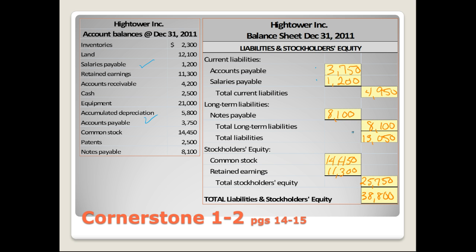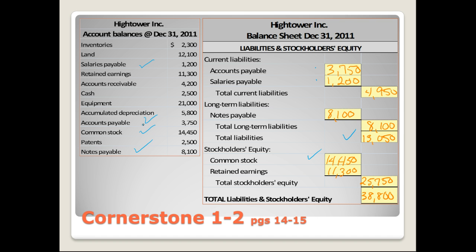The notes payable, I go over here and I find that notes payable were $8,100. So total long-term liabilities, since there was only one line item there, was a total of $8,100. Total current plus total long-term is $13,050. Common stock was $14,450 because that's how much was contributed via common stock to this company.